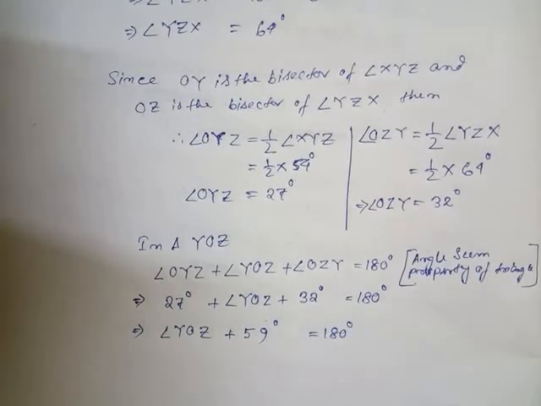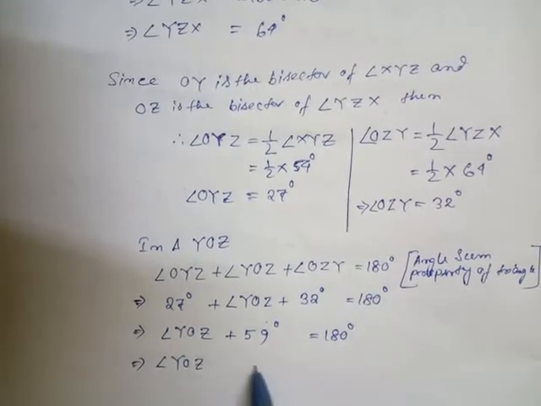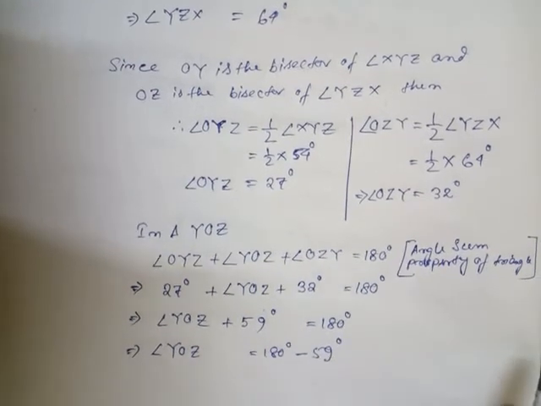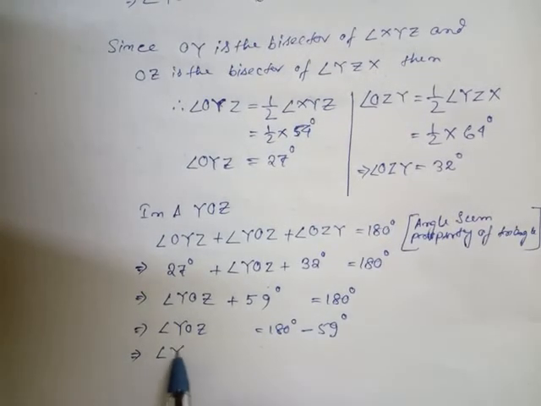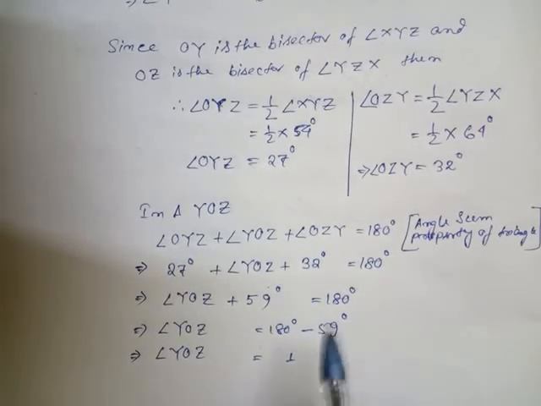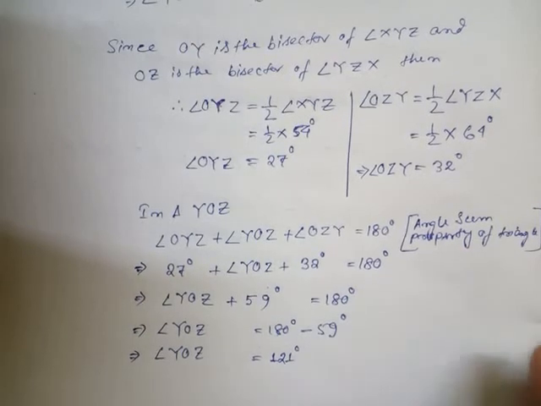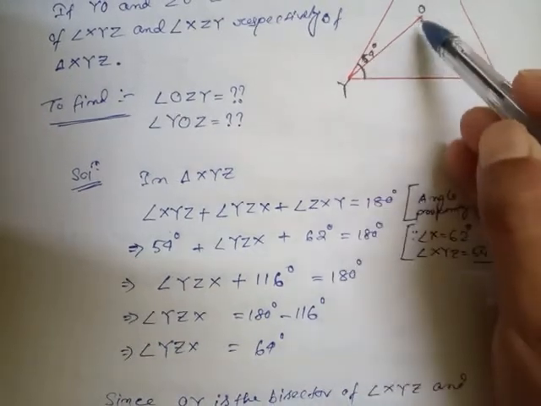Now look after that student, angle YOZ equals 180 degrees minus 59 degrees. Now if I go for the subtraction here, so YOZ equals 10 minus 9 is 1, 7 minus 5 is 2, and there is 121 degrees.